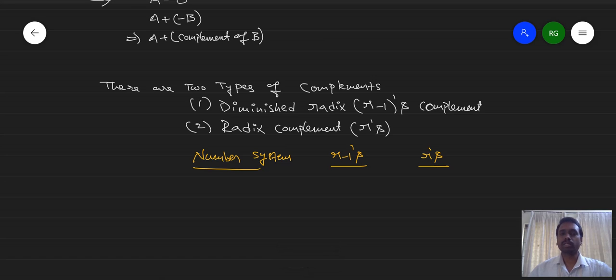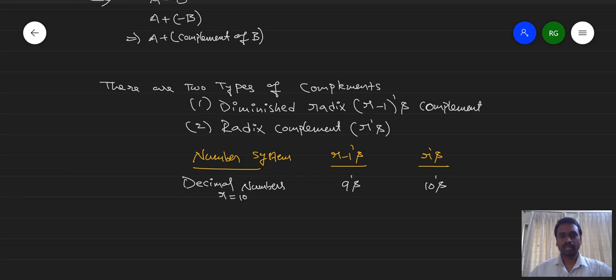The first number system we learned is the decimal number system. For decimal numbers, the r value is equal to 10. So the r minus 1's complement, or diminished radix complement, is nothing but the 9's complement, and the radix complement, or r's complement, is the 10's complement.